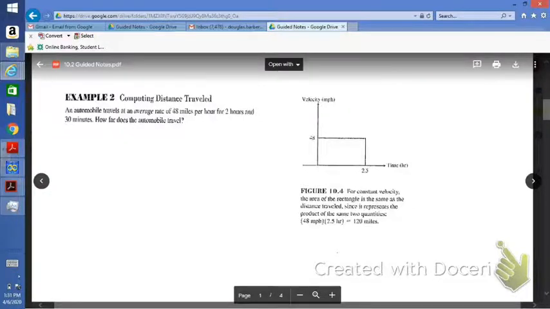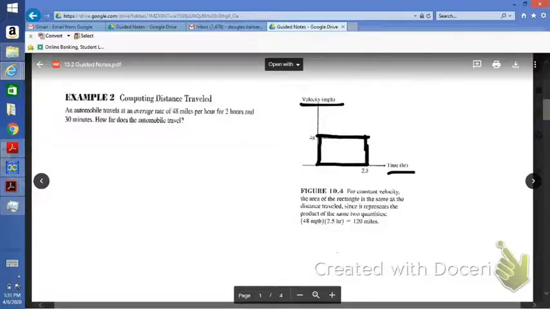Alright, so what we did in example 1, we converted the problem to a graph here. So we have, along the y-axis we have the velocity, and along the x-axis we have our time. So we were going at a constant rate of 48 miles per hour over a time interval from 0 to 2.5.